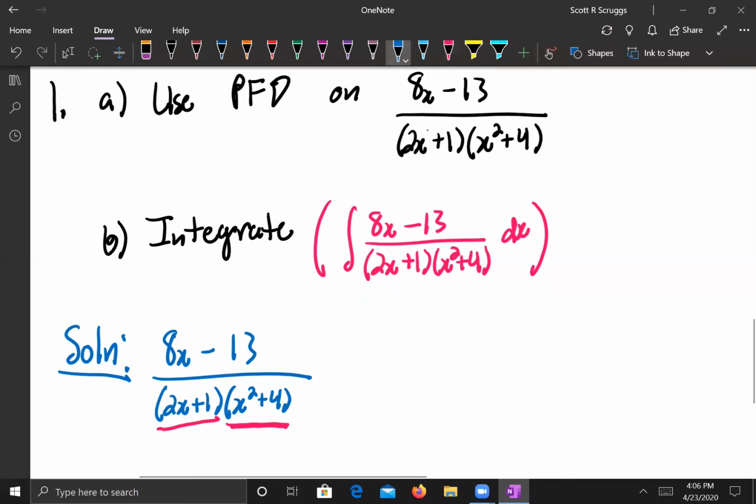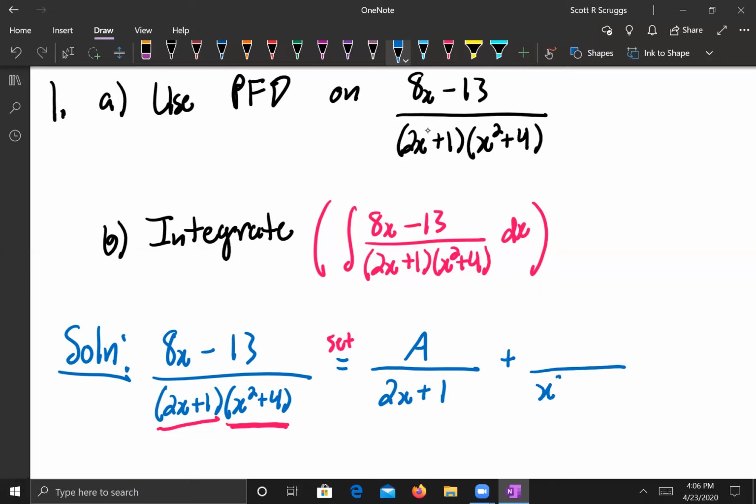So what that means is I'm going to set first for 2x plus 1. Derivative of a linear function is a constant. So I'm going to put the placeholder capital A on there.